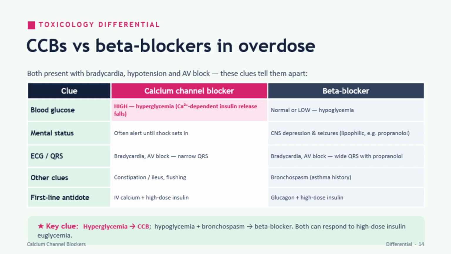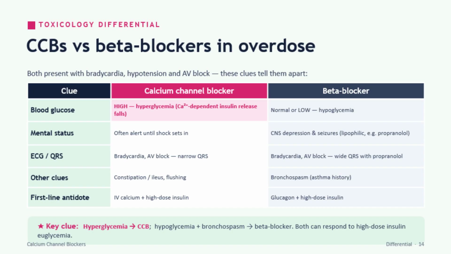Beta blockers do the opposite. They cause low blood sugar, hypoglycemia, plus CNS depression, seizures, or wide QRS, and bronchospasm, especially the lipophilic ones like propranolol. For treatment, calcium is your first move for the CCB, glucagon for the beta blocker, and that wonderful high-dose insulin therapy helps both. Sugar up versus sugar down, that is your tell.